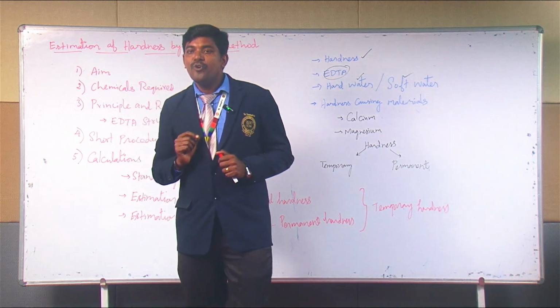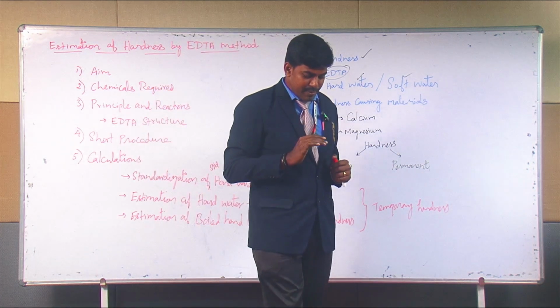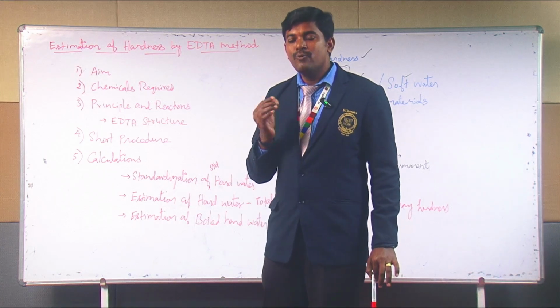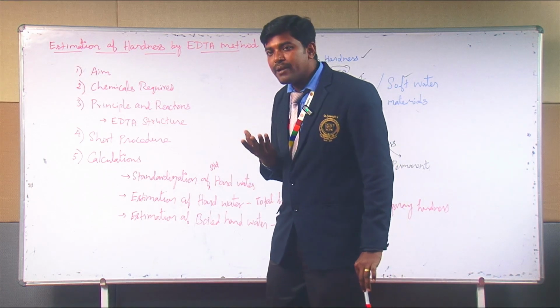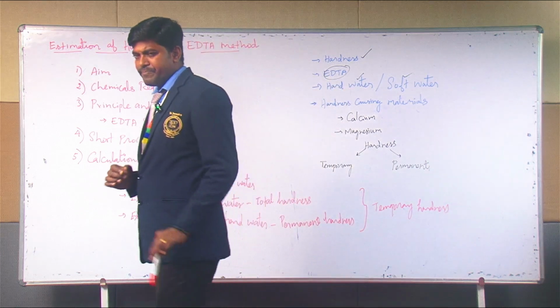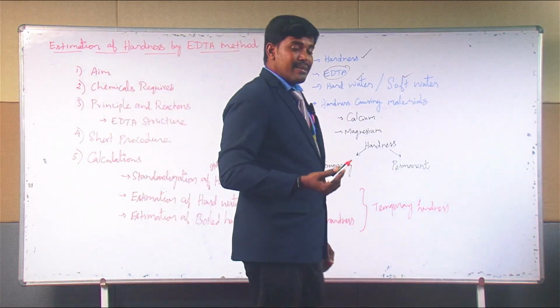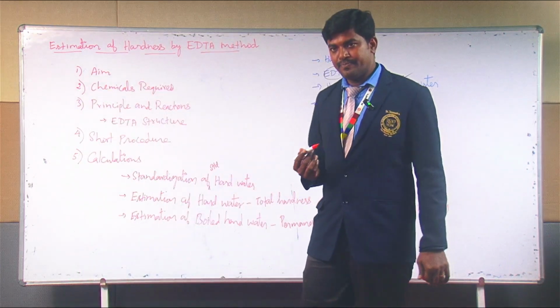The reason for the white precipitate floating on the surface of the water is salts. Which salts? That is the temporary hardness causing salts. What are the constituents responsible for temporary hardness?